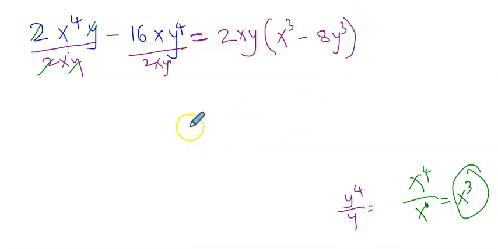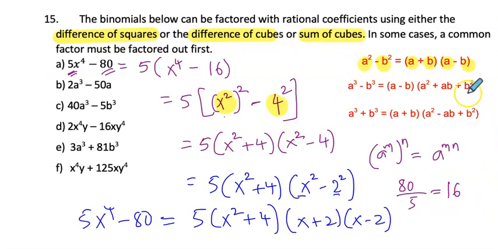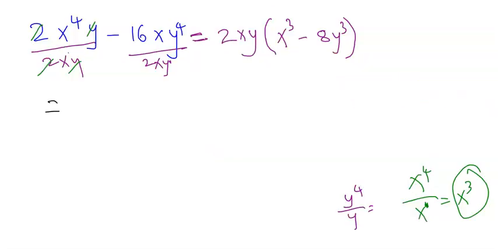Okay, see. This given term, now after factoring out 2xy, you are left with x cube minus 8y cube. Now this is reminding you of some formula, right? Just now we looked at this one, a cube minus b cube again.